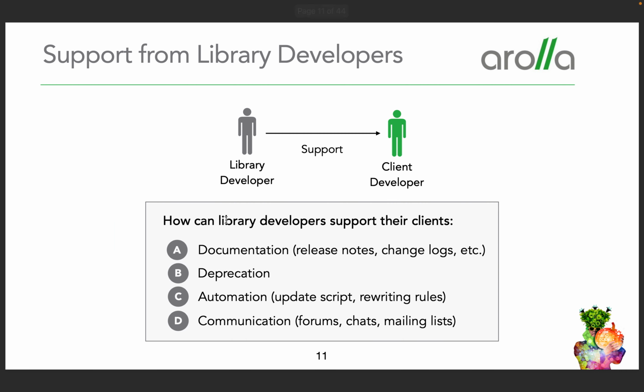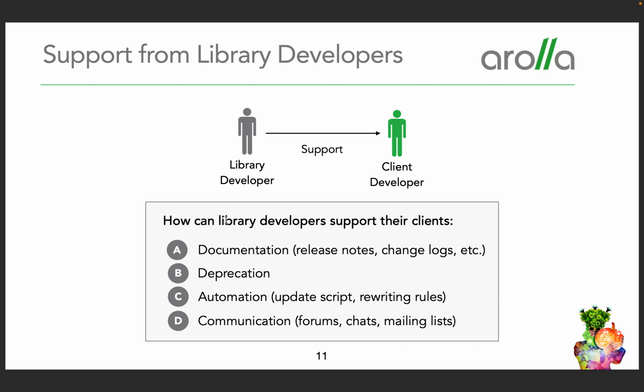We identify four ways in which library developers can support their clients. First, there is documentation, so they can write release notes or change logs, or maybe some tutorials or blog posts. Then there is deprecation. Instead of removing the functionality immediately, library developers can mark it as deprecated and only remove it in the upcoming releases.